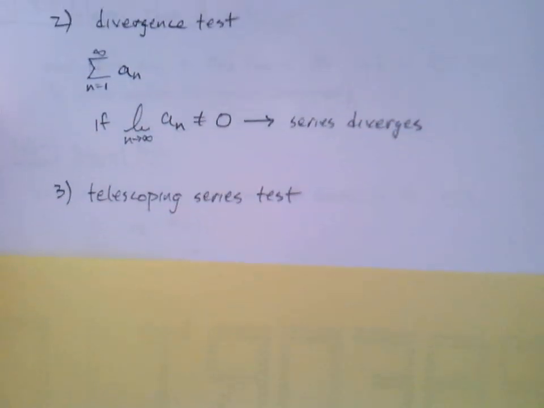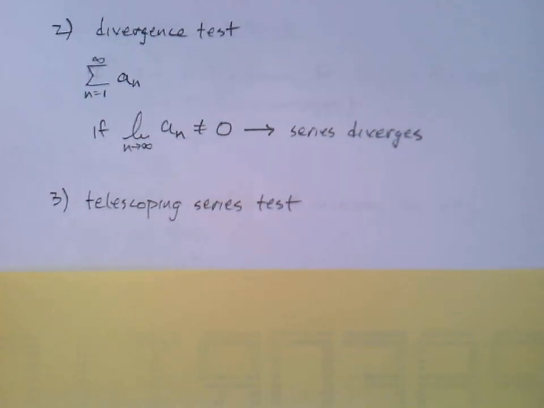Finally, we learned about the telescoping series test. I can probably just keep this all on the screen. That was the third test we learned. Telescoping series test, I don't have any more notes on it. You really have to learn it through an example. I just want to put it here because we're recapping everything.